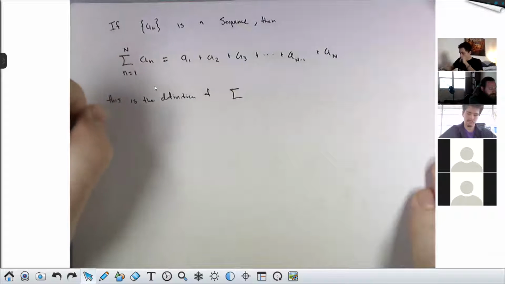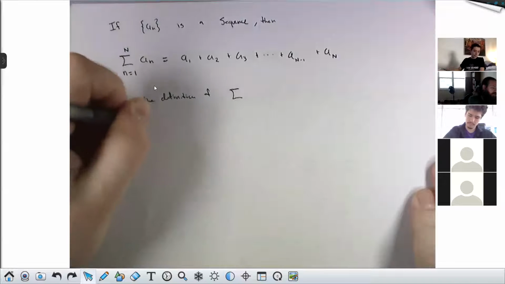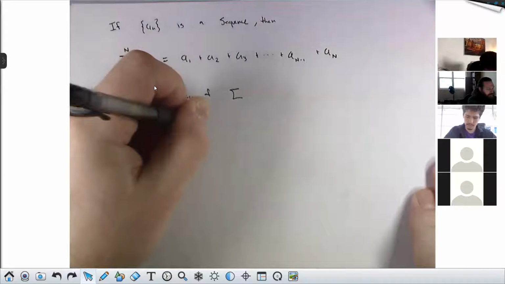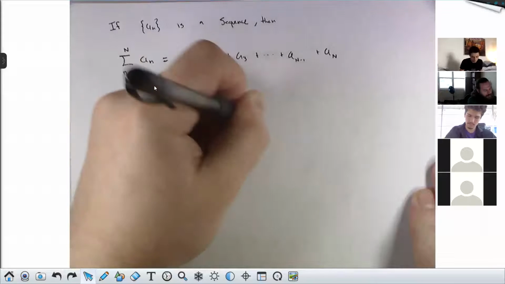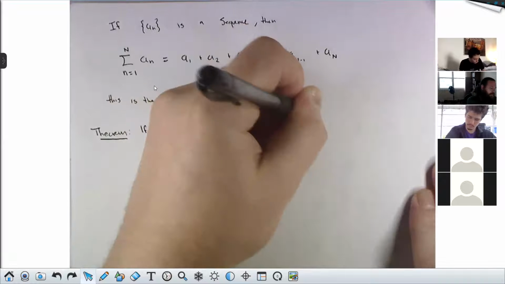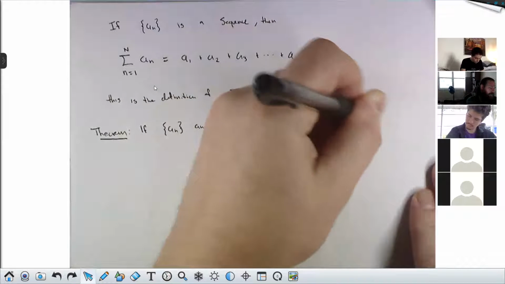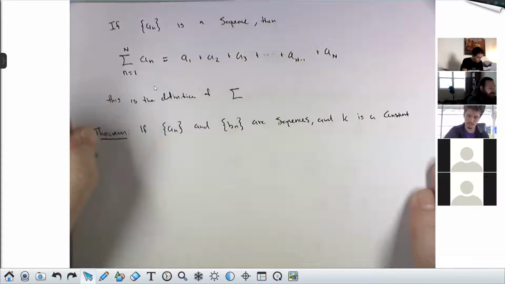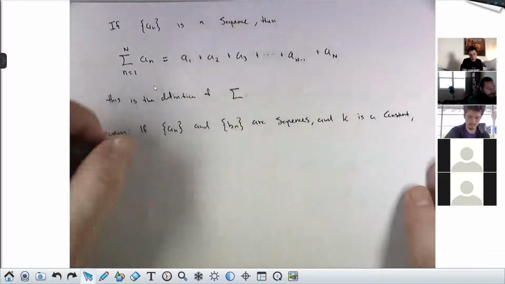If a_n and b_n are sequences and k is a constant, then the following are true.